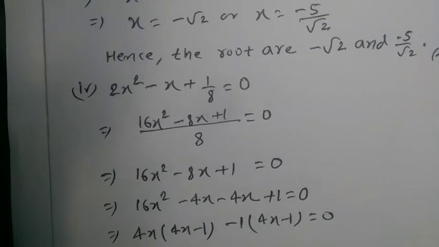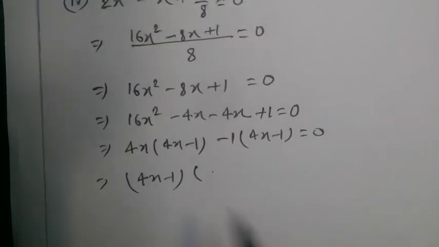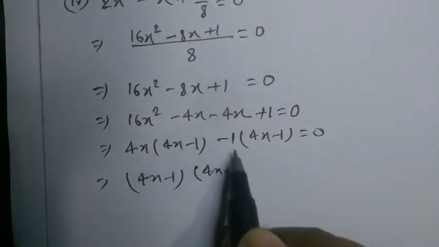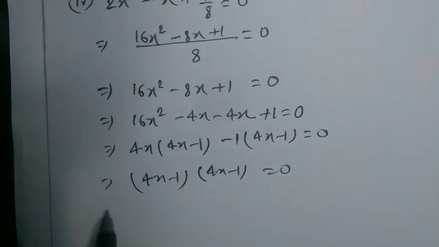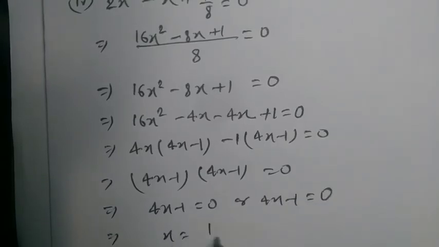Again 4x minus 1 into 4x minus 1 is equal to 0. Implies 4x minus 1 is equal to 0 or 4x minus 1 is equal to 0. Implies x is equal to 1 by 4, and x is also 1 by 4.